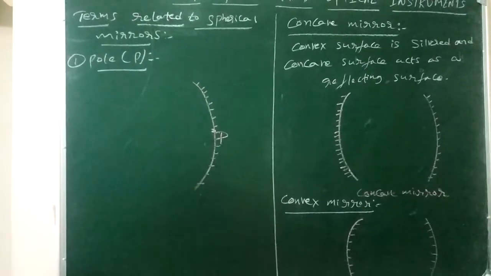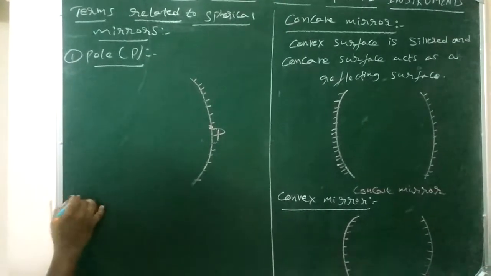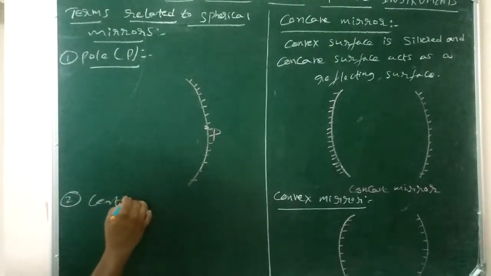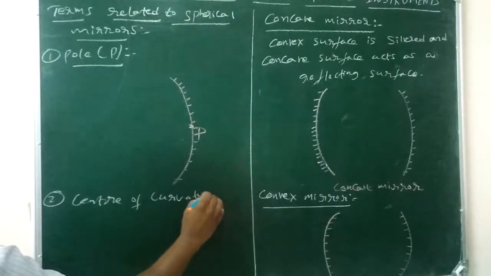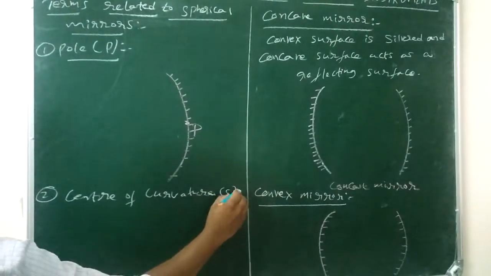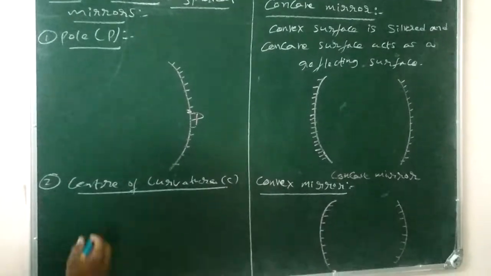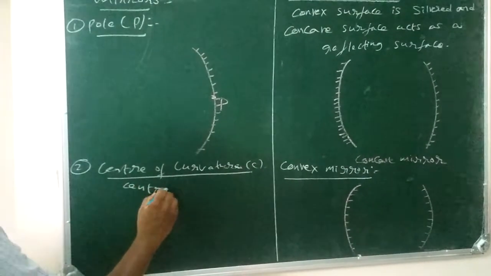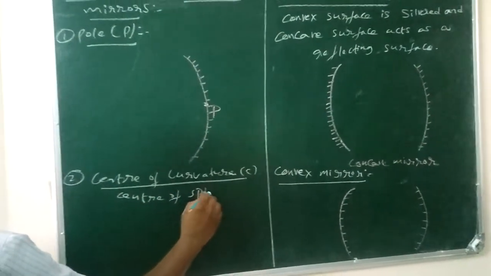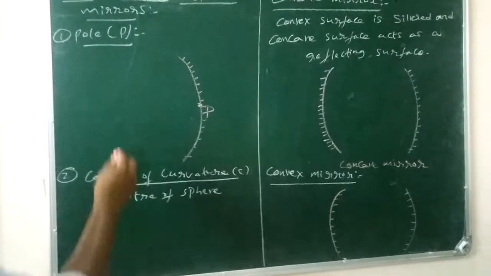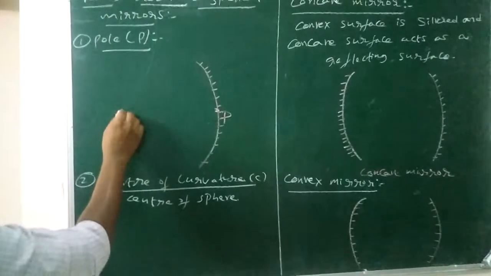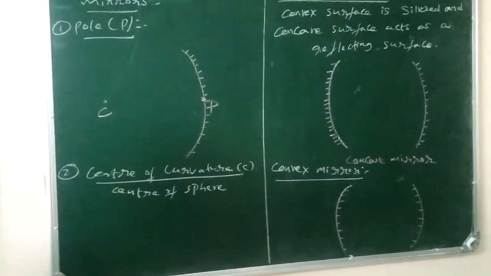We can call it the pole. The second one is the center of curvature. It is denoted with the letter C. The center of the sphere of which the mirror is a part is called the center of curvature. This is the center of curvature.